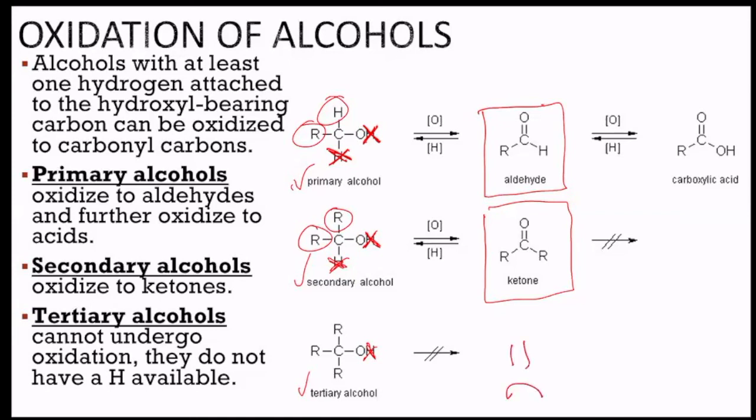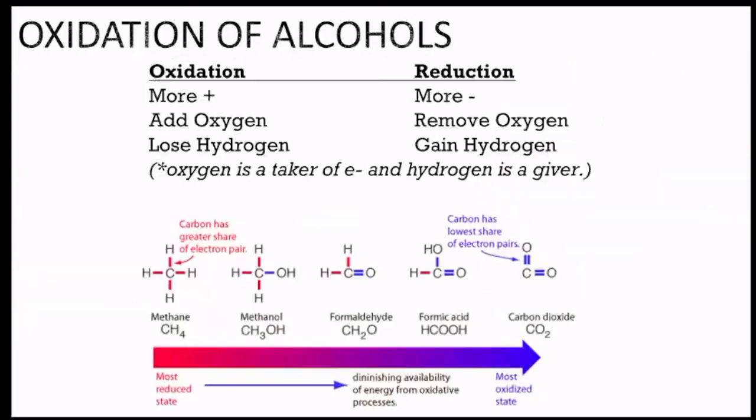Now moving on, the aldehyde further is going to oxidate into a carboxylic acid, which we'll talk about, but you can see there, it can get even more oxidized. Here's one more kind of graphic of this, running through the greatest share of electrons to the least share of electrons.